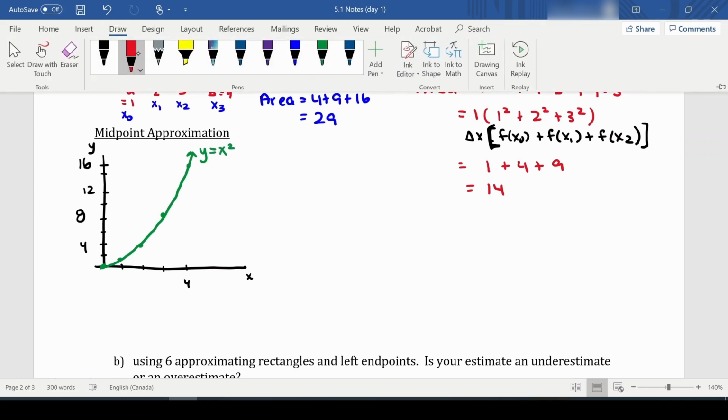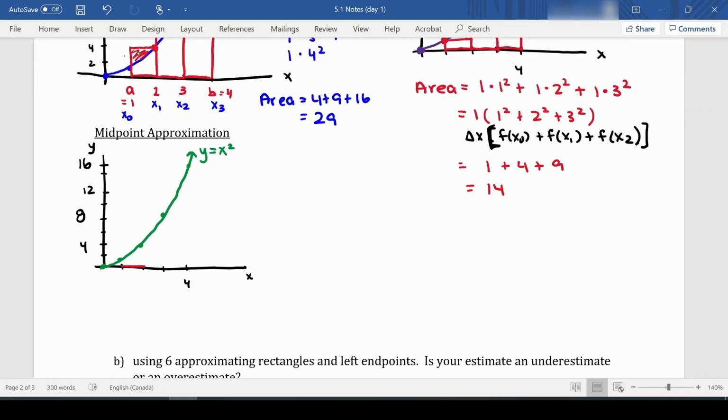Our width is still 1, but this time the top middle of our rectangle is going to go on our curve. When I do the area of this rectangle, it's still going to be delta x, but this time our f of xi is going to be f of 1.5, because halfway between 1 and 2 would be 1.5. Our delta x is still 1.